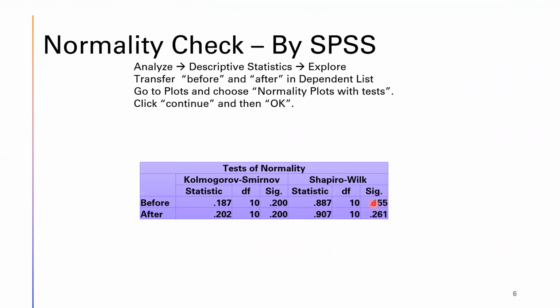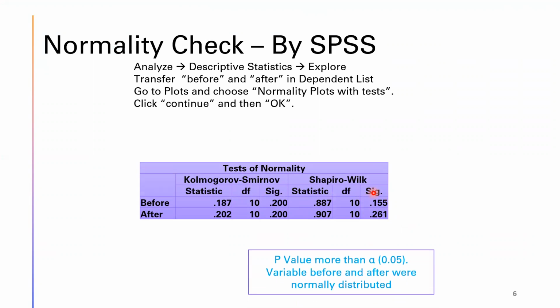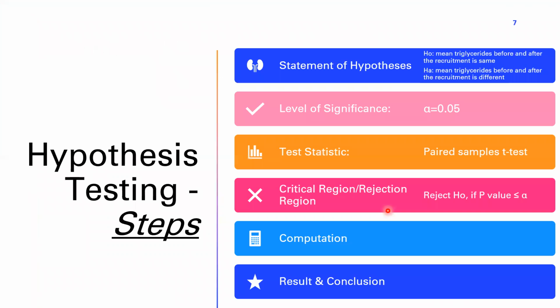Since we have a small sample size, we will use the Shapiro-Wilk test, with the assumption that if the p-value is more than 0.05, then our data follow the normal distribution. Since both p-values in this scenario are more than 0.05, it gives us a green signal to apply the paired sample t-test.